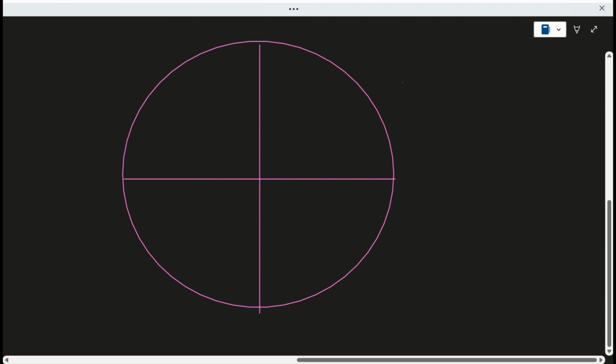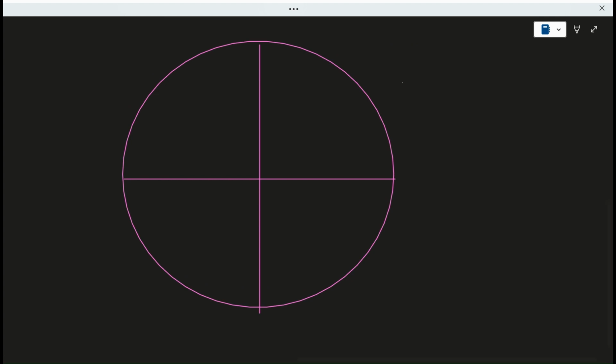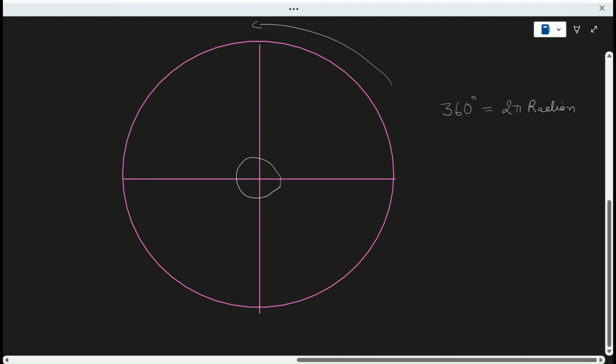Now, this complete circle, we have studied that when we move around the circle, it covers 360 degree around its circumference, or 2 pi radian. That means when we start from this point and cover an angle and come to the same point, we have 360 degree of angle.